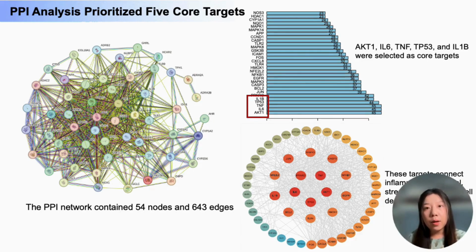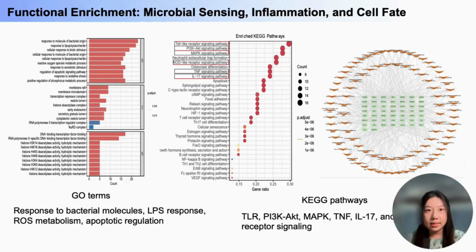IL-6, TNF, and IL-1 beta are important inflammatory mediators. TP53 is related to stress response and cell fate. Together, these targets connect inflammation, survival signaling, stress response, and cell death. This also helped us reduce the complexity of the study, so we use these 5 targets as a main host target layer for later analysis.